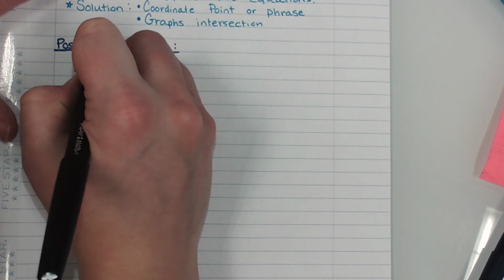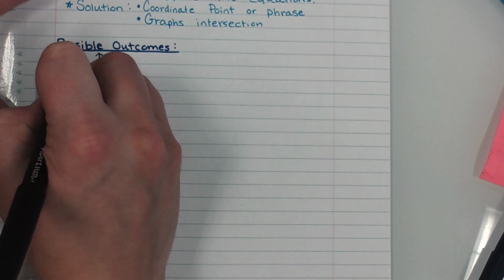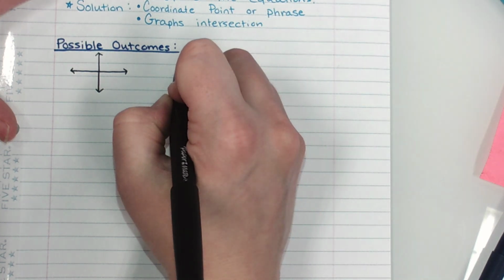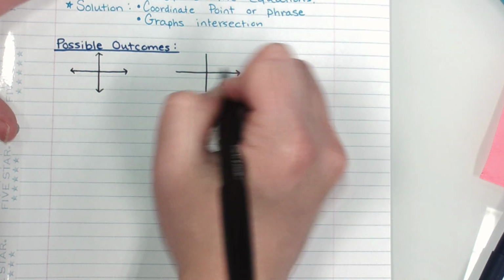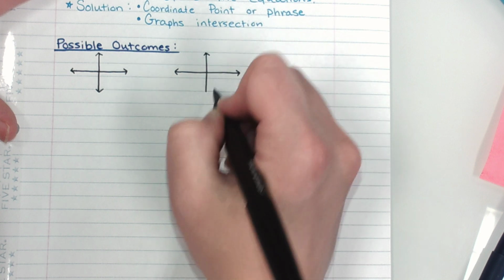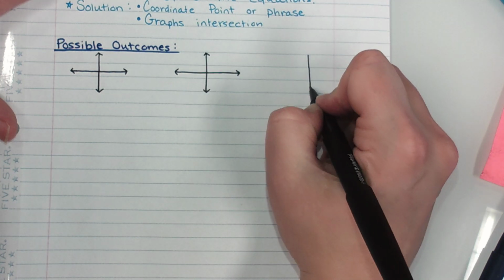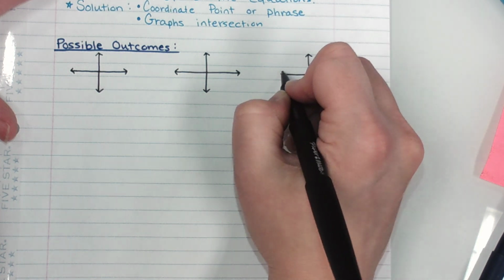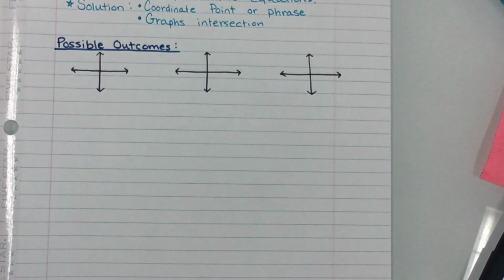I'm just going to draw 3 little coordinate grids, nothing too special, for our 3 different setups.